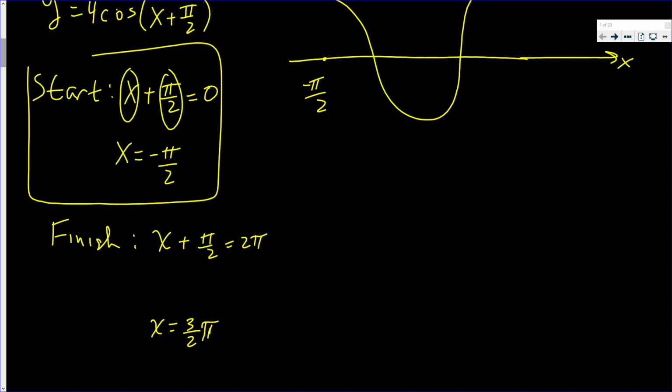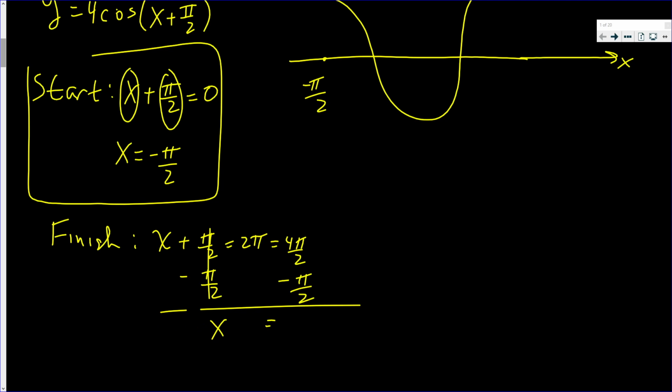What you can do is think of this as 4 pi over 2. That way when you take away pi over 2, you have a common denominator. On the left side, you just have x.